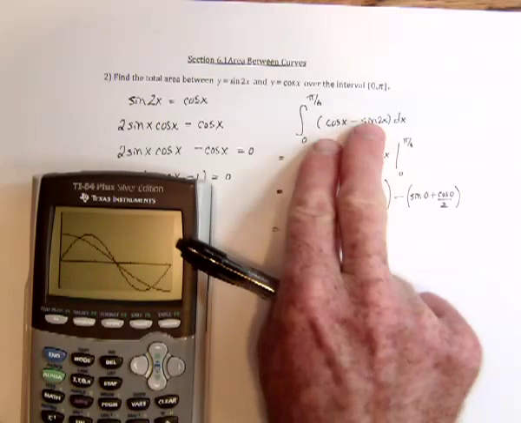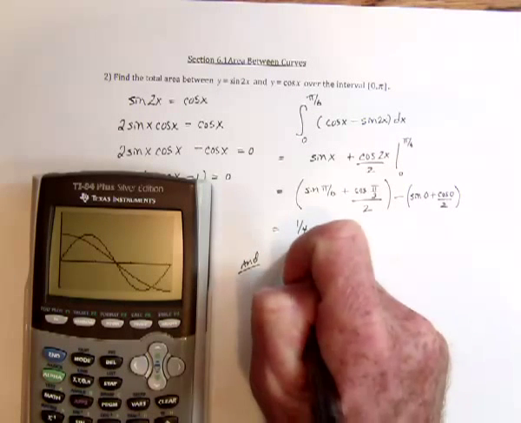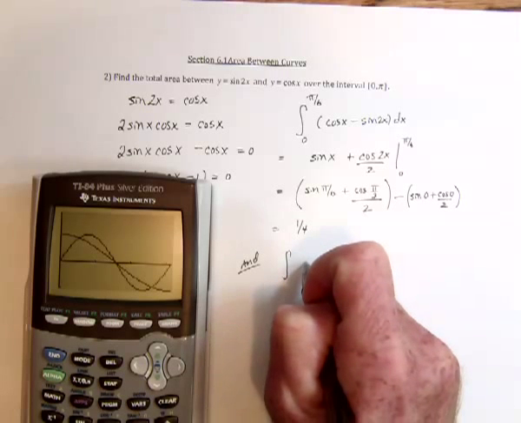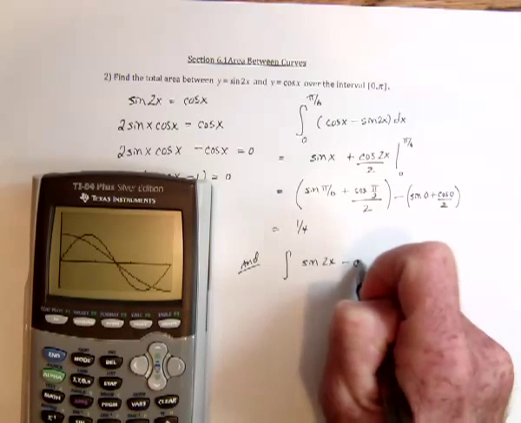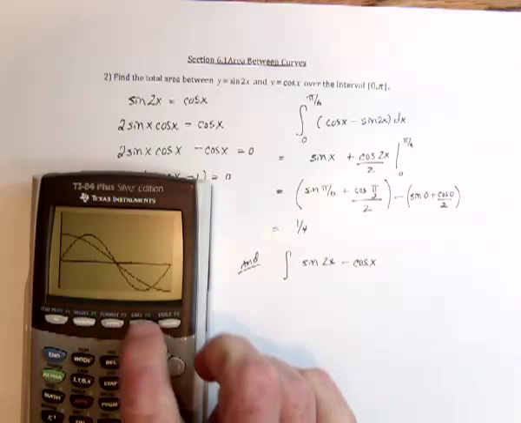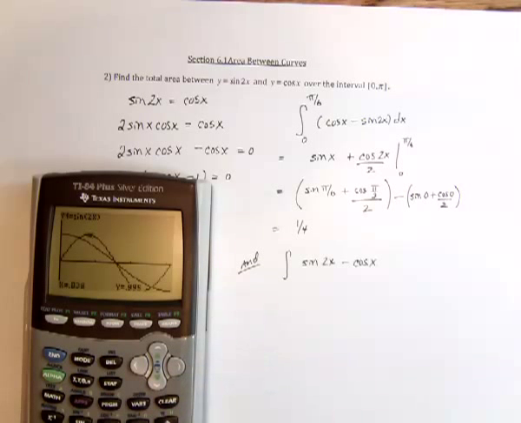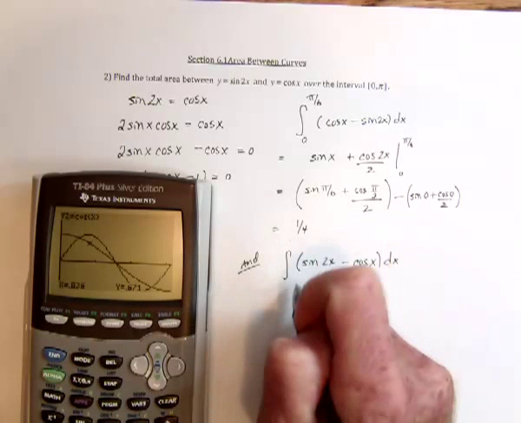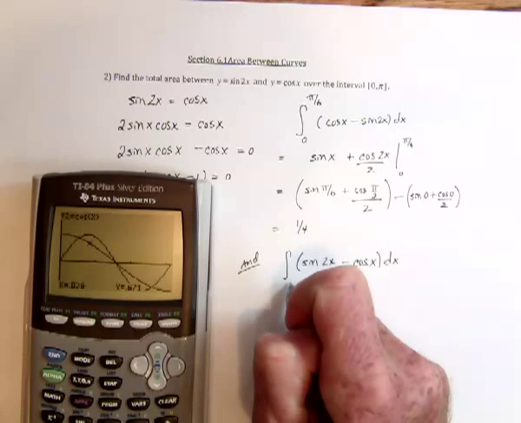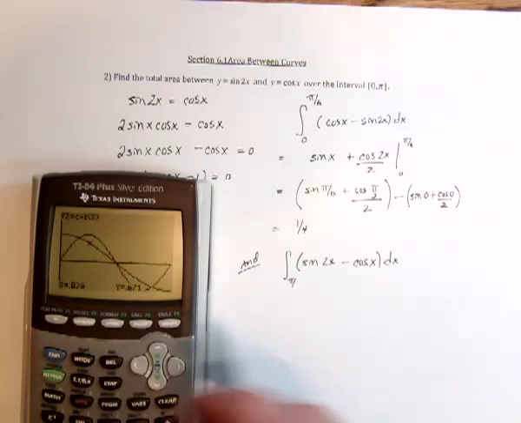So that's going to be, switch these two. So it's going to be sine of 2x minus cosine of x. Let me just verify. In here, the top one is sine of 2x, so it's got to be the top one minus the bottom one, with x going from, so it's pi over 6, right there's pi over 6, and right there's pi over 2.